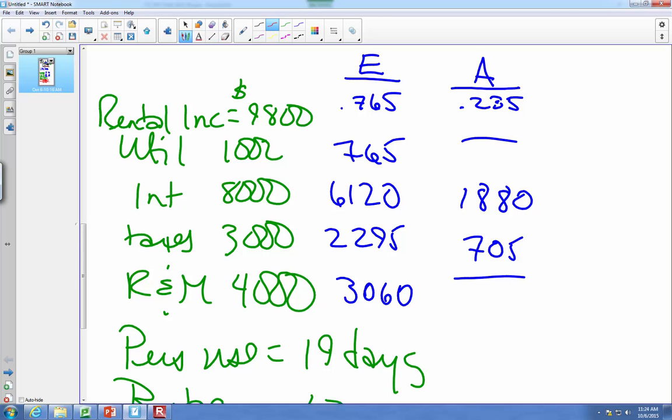What do I take first? Interest, 6,120, taxes, 2,295. What's left on your calculator after you take taxes and interest? 1,385. Now I'm going to this whole batch of stuff called other. Everything else other than depreciation. I don't even have depreciation up there, so that's because it must be fully depreciated. So what can I do now? I can only take it to 0. Do I get a carryover? I don't think so.